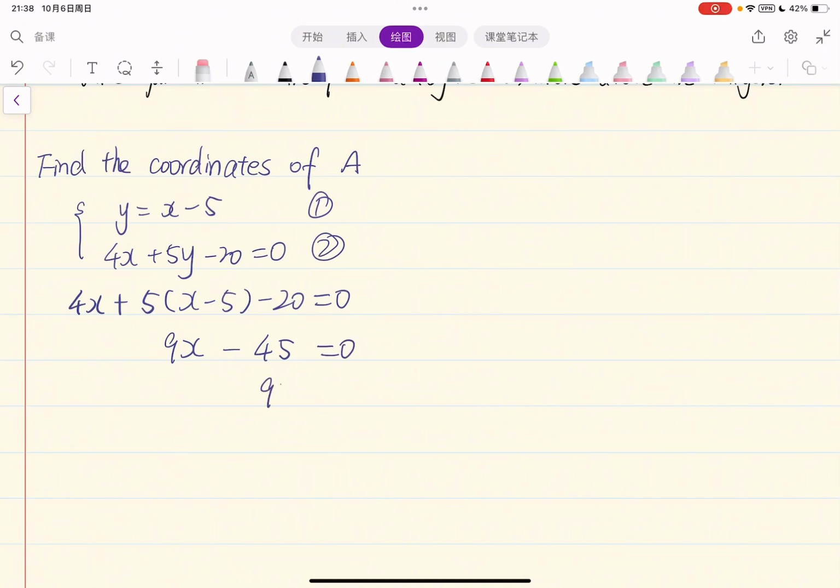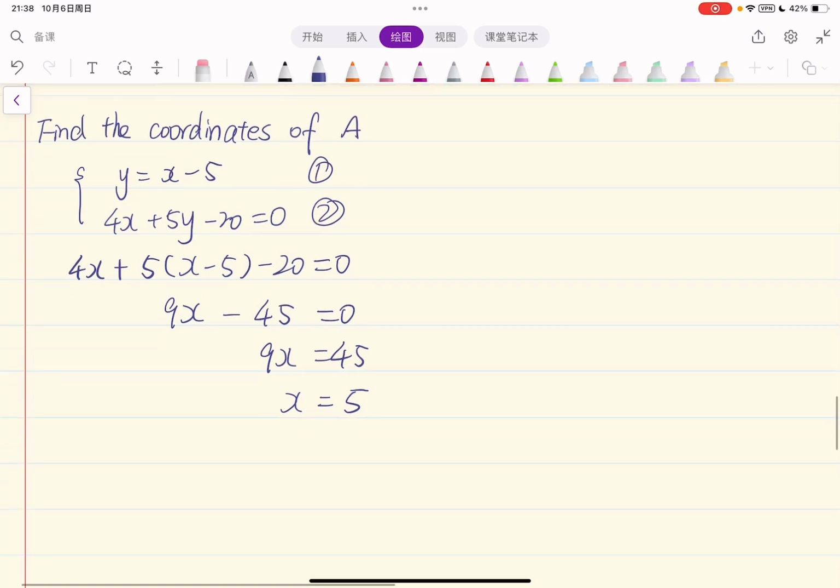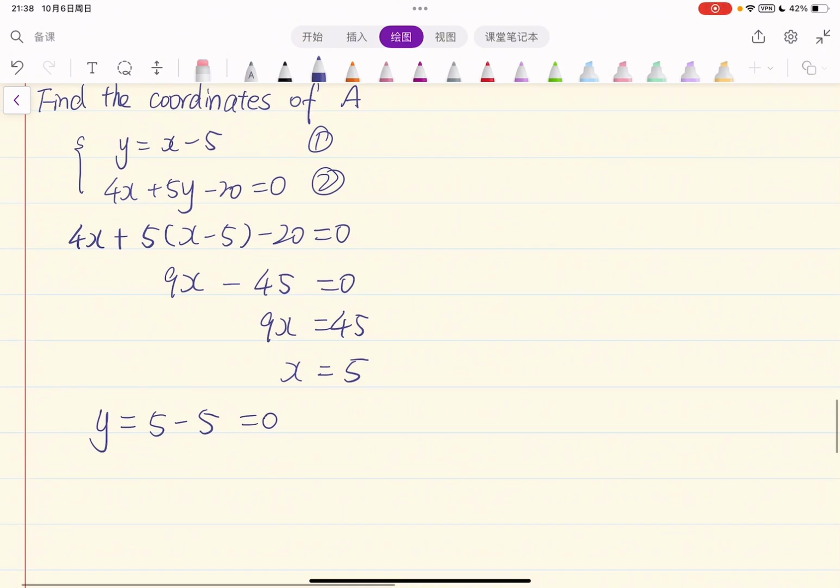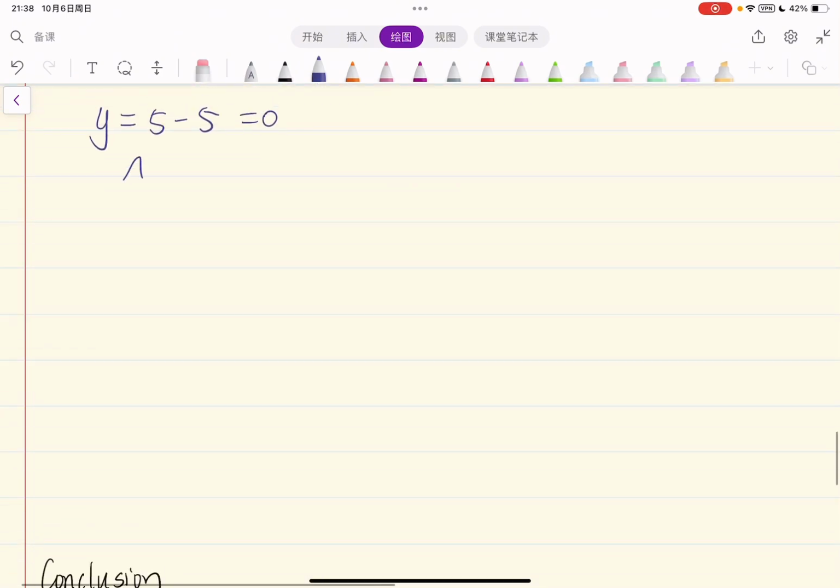So 9x equals 45, x equals 5. Then we can get the value of y, that is y equals 5 minus 5 equals 0. So point A is (5, 0).